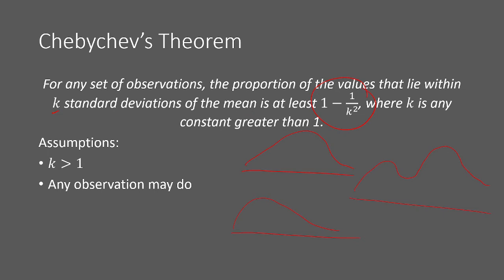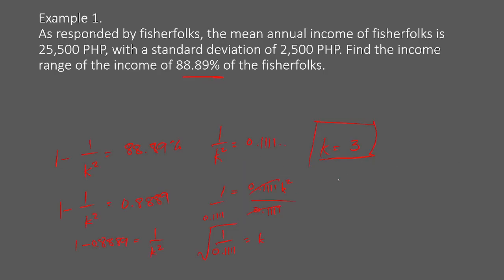Meaning to say, since we have a mean, para doon sa ranges, doon sa lower bound ng range natin, we will have the mean, or gawin natin sample mean, plus and minus, since 3 ang nakuha natin dito, 3 standard deviations.